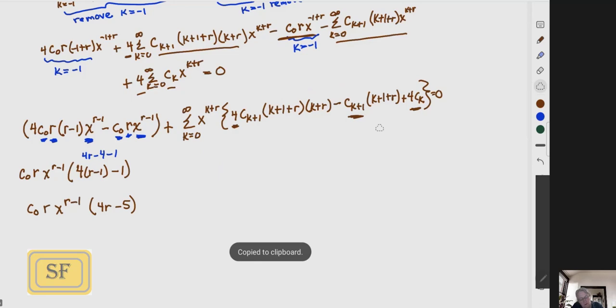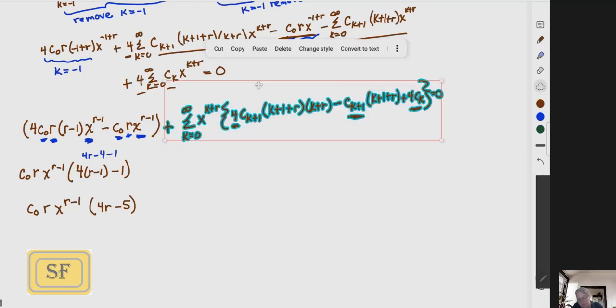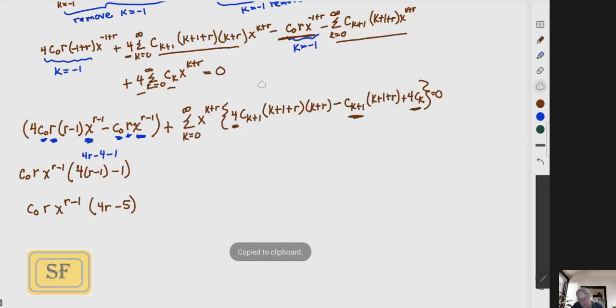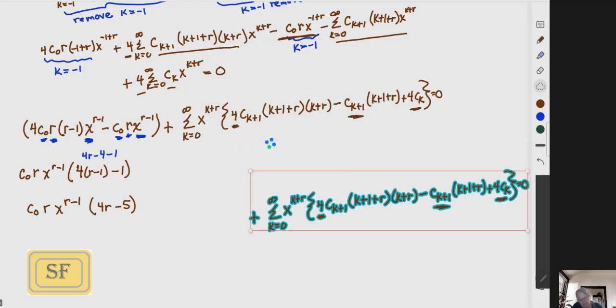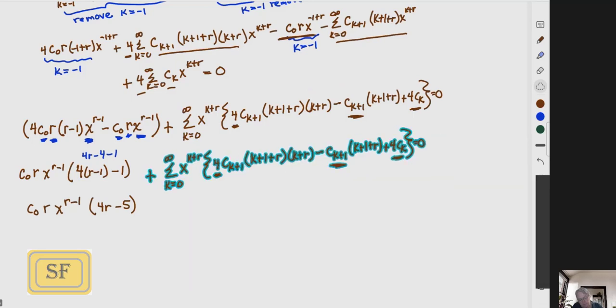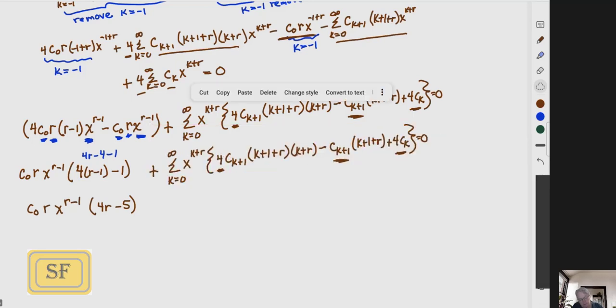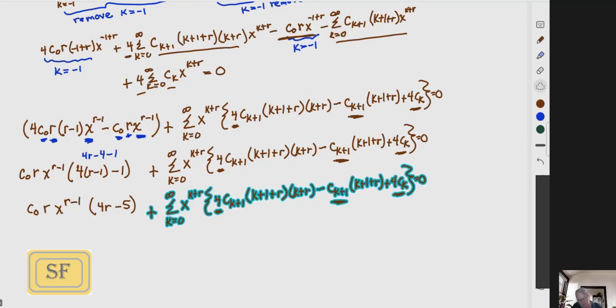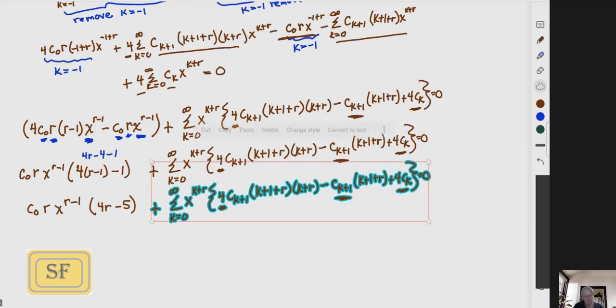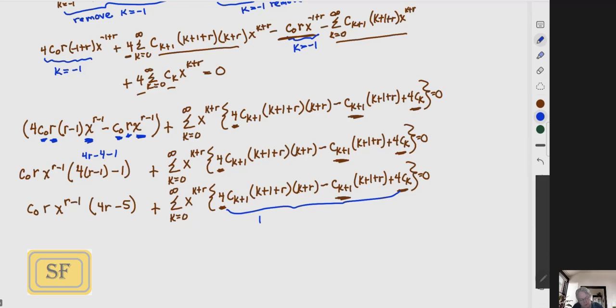So luckily here I can just copy and paste, so I don't make any copy errors. Paste it there, and then we'll paste it again here. There. And this is going to give us our recurrence relation.